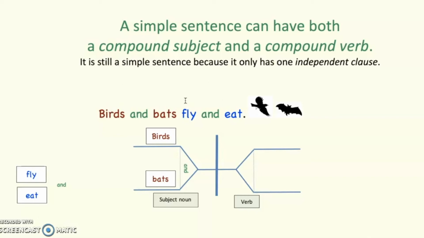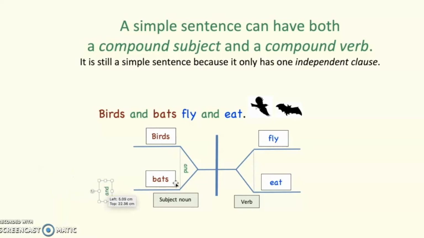The bats fly and the bats eat. So everybody over here is sharing the verbs over here. That's why we need to put them on the diagram like this to show that they're all sharing. And so this is still a simple sentence because it only has one clause, it only has one dividing line here.